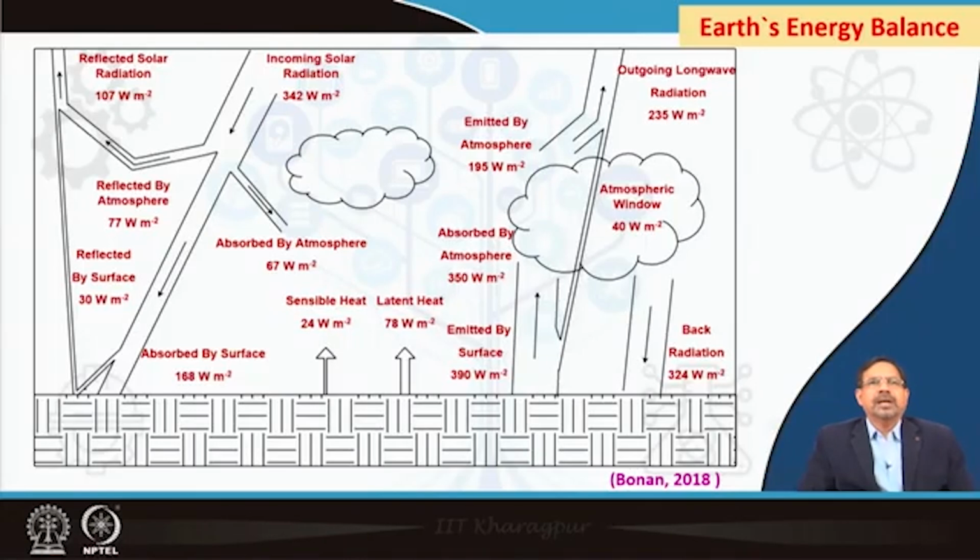The incoming solar radiation received at the top of the atmosphere is about 342 watts per meter square.